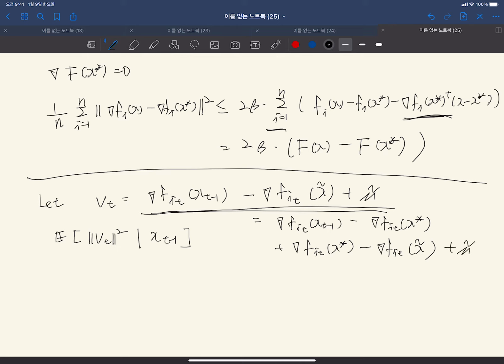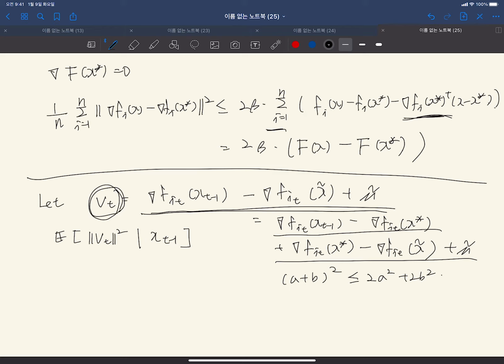Okay, and then I will use this: when you have a plus b square, this is always upper bounded by 2 times a squared plus 2 times b squared. Since the original Vt is split into these two terms, we can upper bound the norm square of Vt by the sum of 2 times this norm square and 2 times this norm square. Right? So using this, we have this.